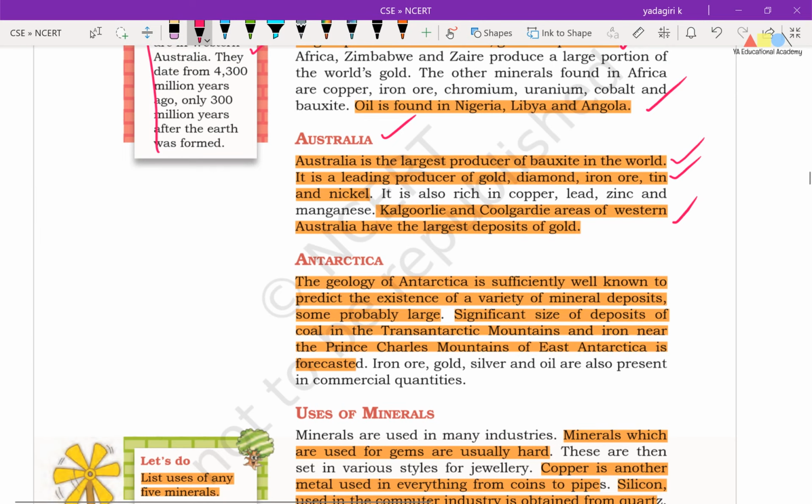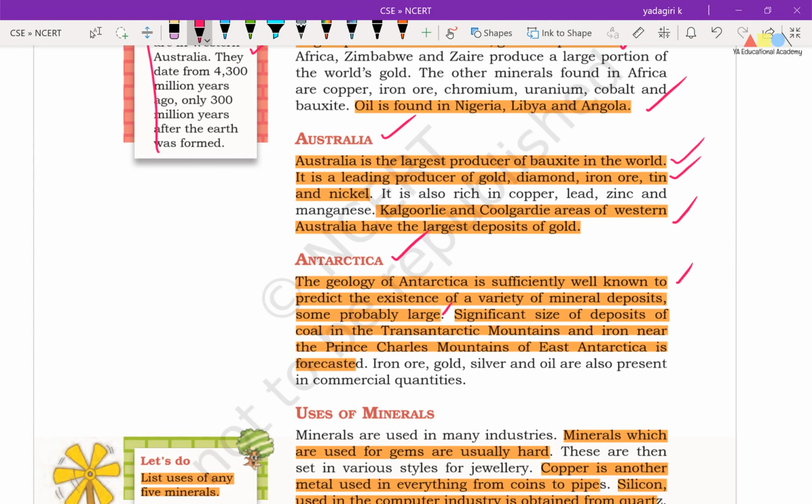Okay, friends, next we see the distribution of minerals in Antarctica. Friends, the geology of Antarctica is sufficiently well known to predict the existence of a variety of mineral deposits, some probably large.